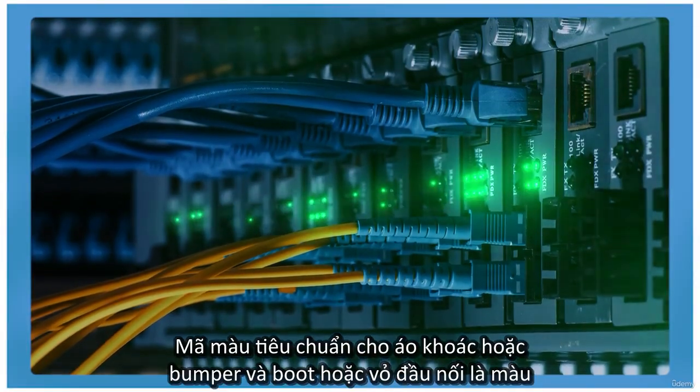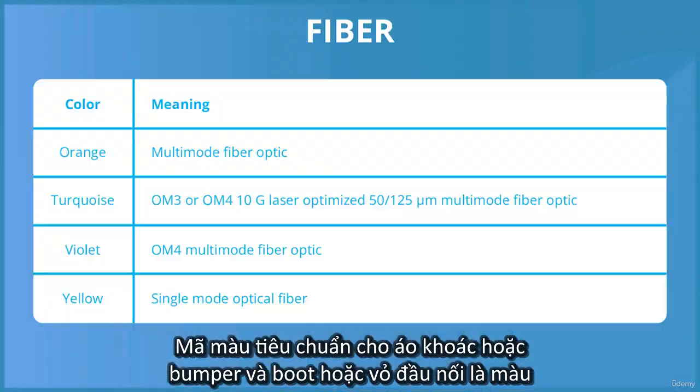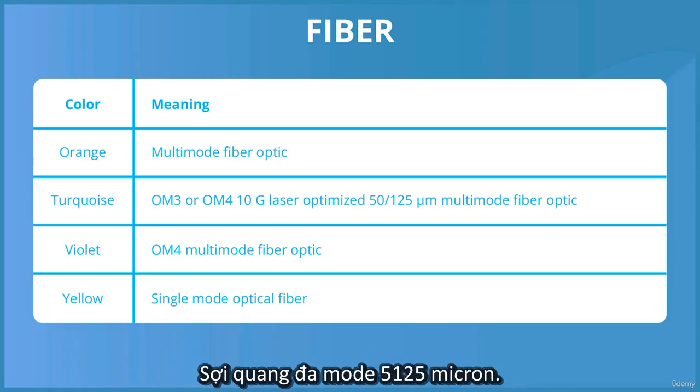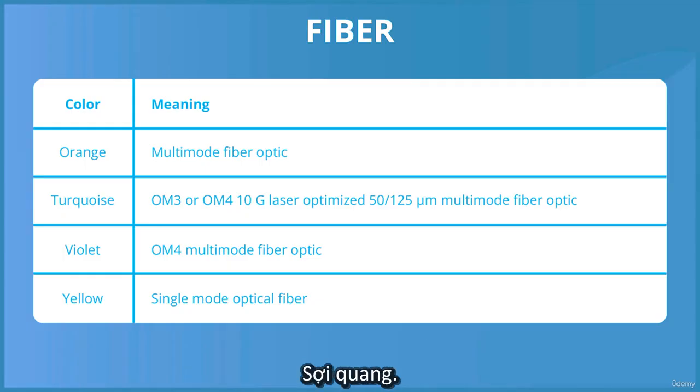The standard color codes for jackets or bumpers and boots or connector covers are orange for multimode fiber optic, turquoise for OM3 or OM4 10G laser-optimized 50/125 micron multimode fiber optic, violet for OM4 multimode fiber optic, and yellow for single-mode optical fiber.